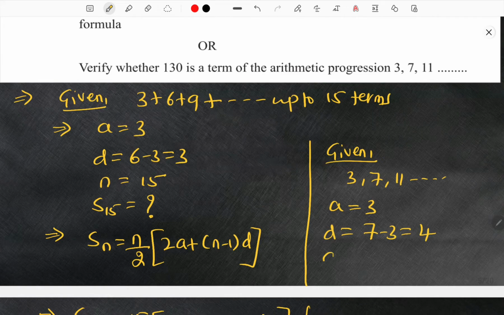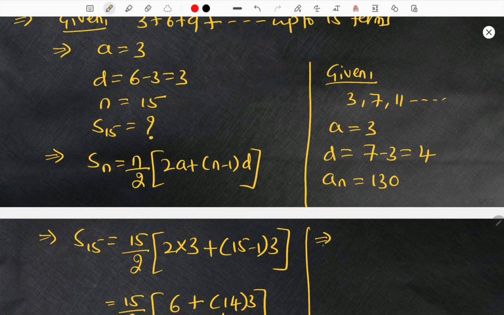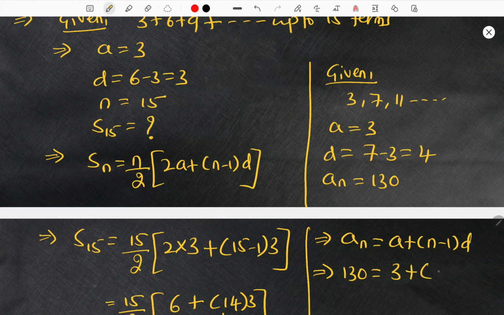And they are saying an is equal to 130. This is the nth term, let us assume that. And now find out the value of n. So an is equal to a plus n minus 1 into d. an is nothing but 130. 130 is equal to a, which is 3, plus n minus 1 into d, and d is 4.